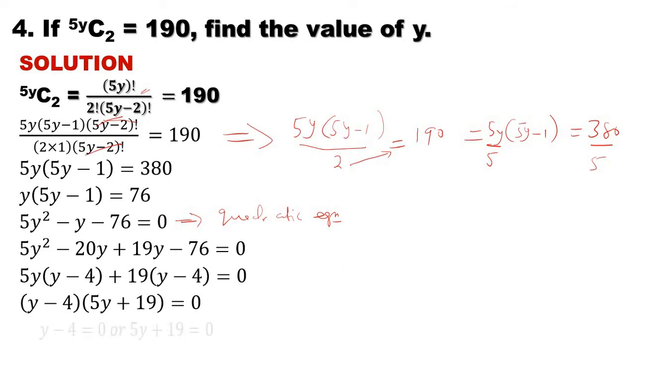That gives us y to be 4 or minus 19 over 5, which you can simplify further. That will give us minus 3 and 4 over 5. Alright, so let's go to the next question.